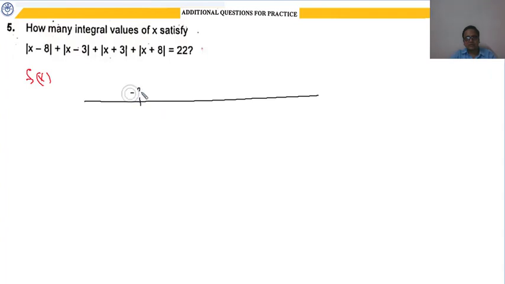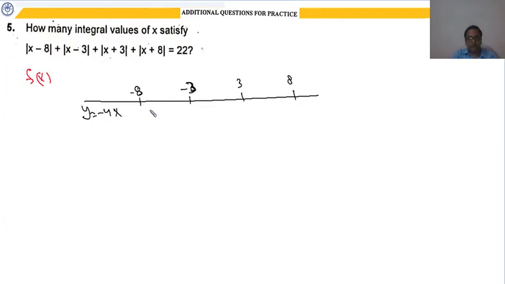This is minus 3. Then we add minus 8, then we add minus 3, then we add 3, then we add 8. In the first case, y is equal to minus 4x.